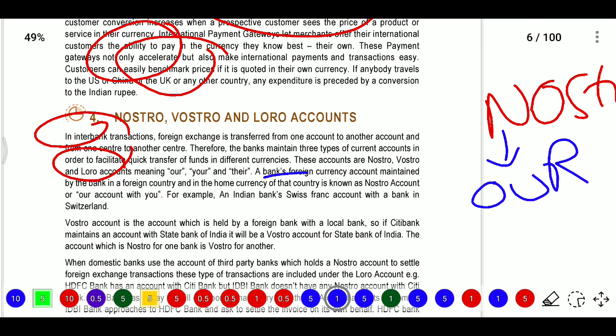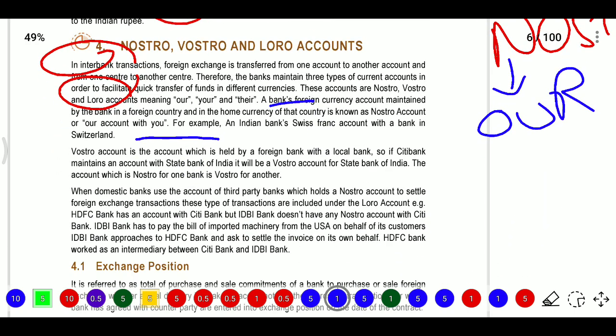For example, an Indian bank's Swiss franc account with a bank in Switzerland, maintained in their home currency, is our account with you.